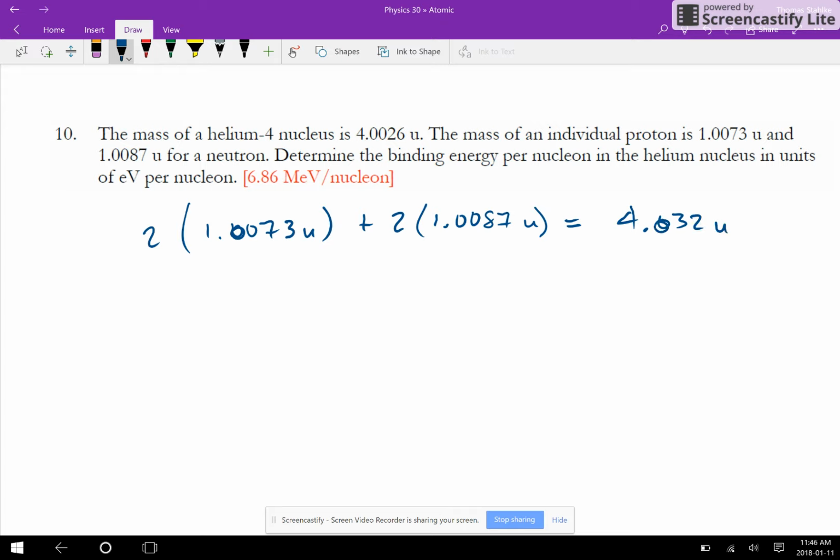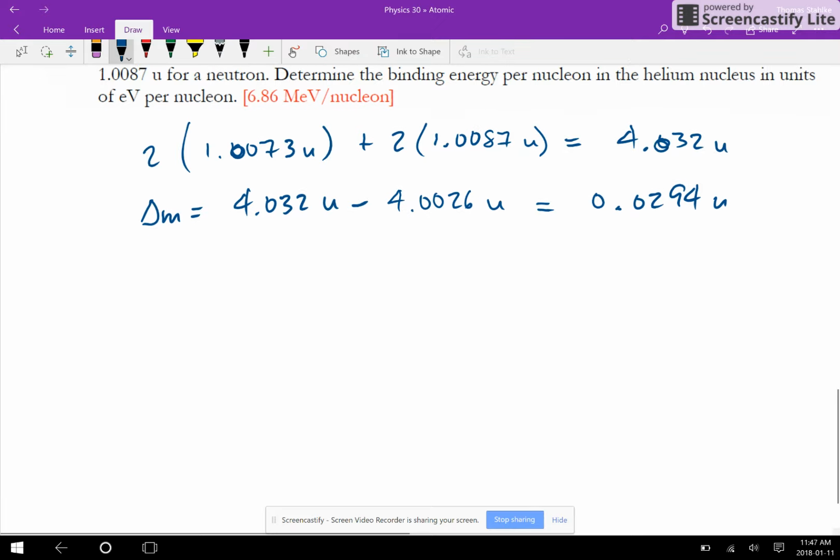atomic mass units. Now we can do the mass defect, and the question ends up being the same as what we just completed with question number 9. So we'll subtract the mass of the nucleus from the sum of the nucleons, and this mass defect is 0.0294 atomic mass units.